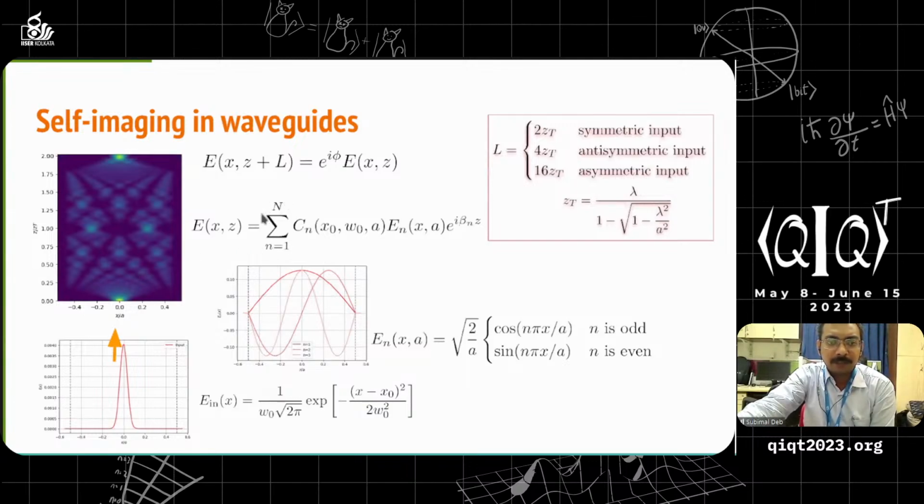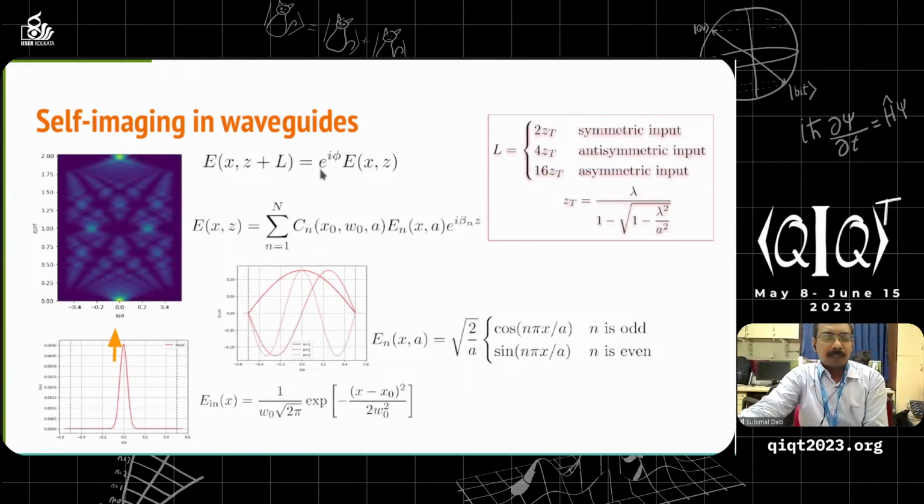You will have a cutoff frequency, so a finite number of them will be excited, and each of them will propagate with a propagation constant beta n. The beta n's can be calculated very easily. As they propagate to the self-imaging distance capital L, which happens to be roughly twice the Talbot distance, it will produce the input field with an overall phase. That would be a perfect self-imaging.